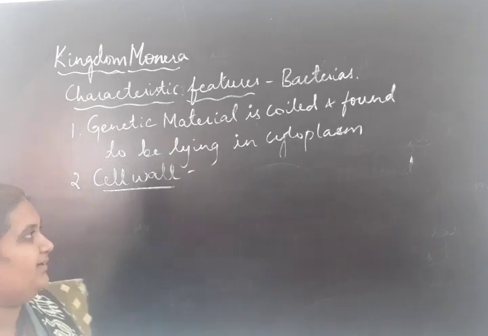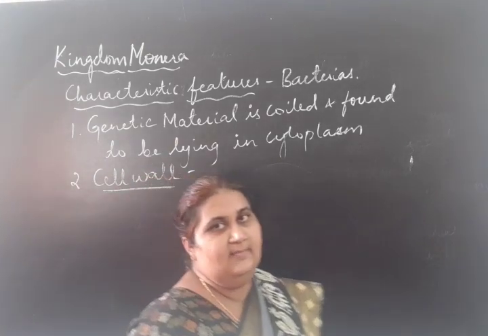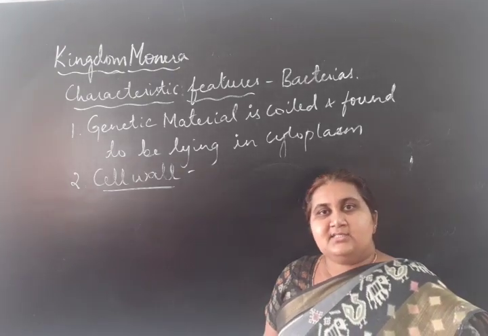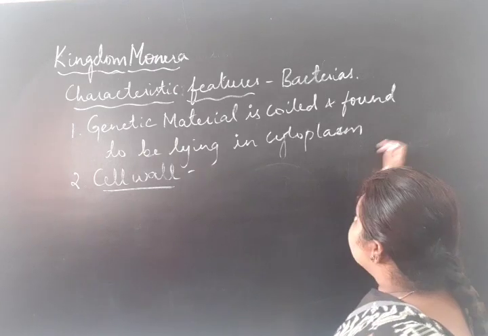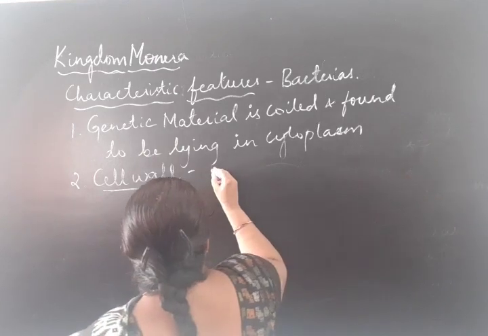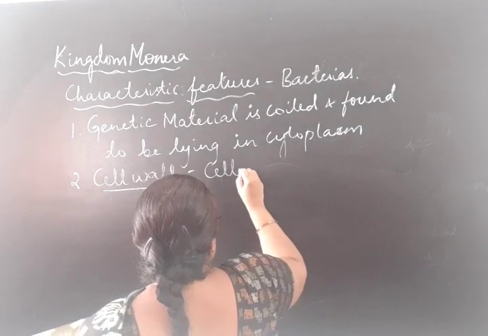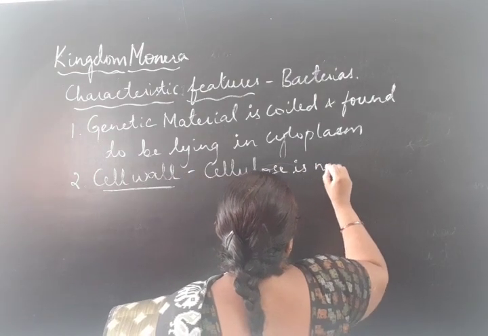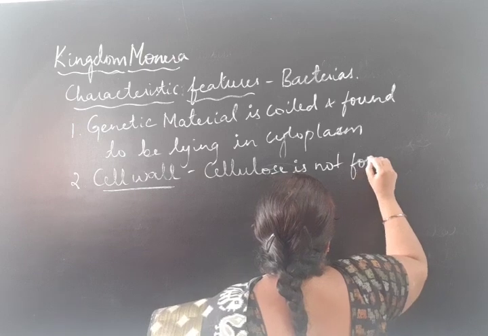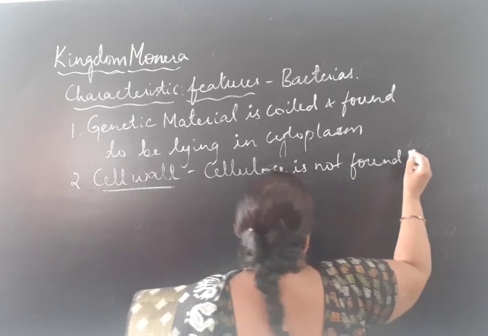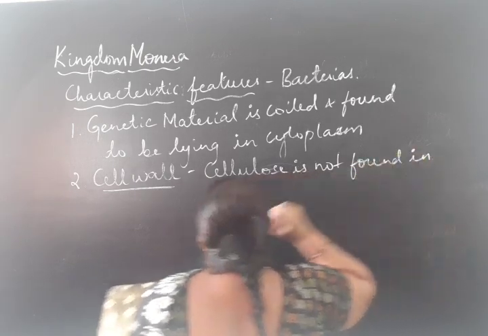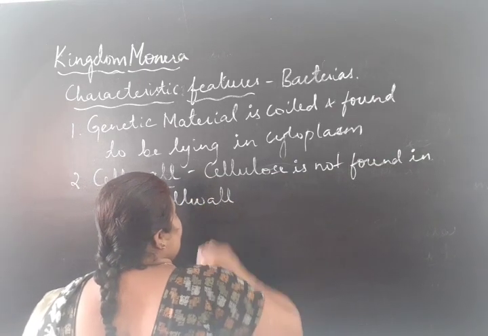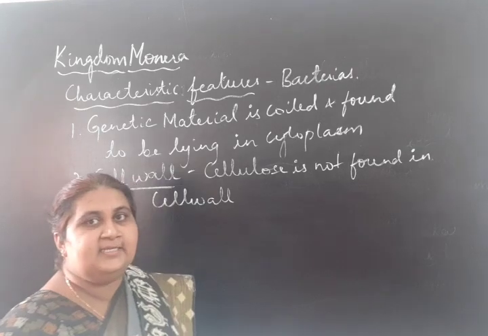Bacteria are also made up of a cell wall. Cell wall is present. But this cell wall is not made up of cellulose. Cellulose is not found in the cell wall. Then what is present?